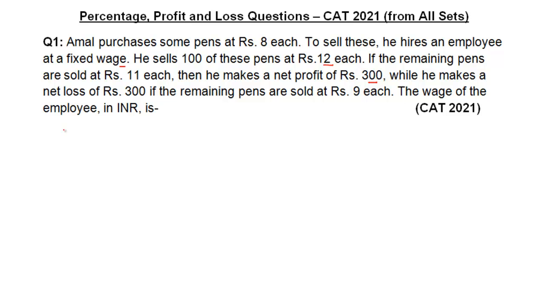So let's write the information which is given in the question. I am writing CP, then selling price, and how many quantity is sold at what price, and then profit.